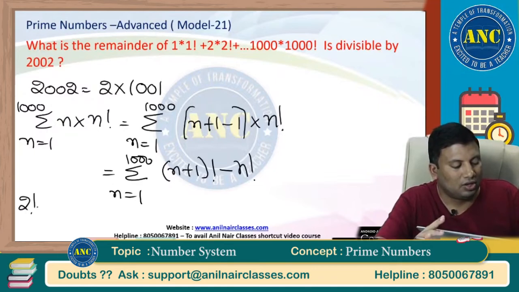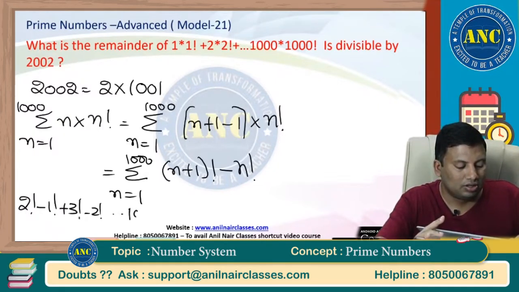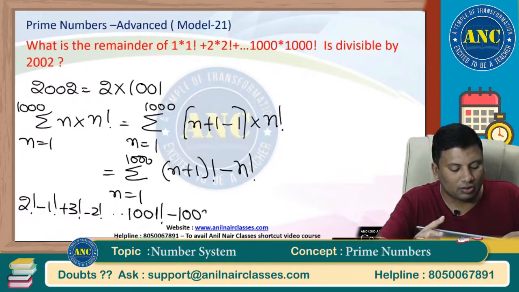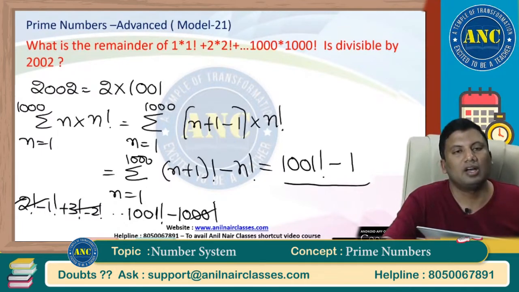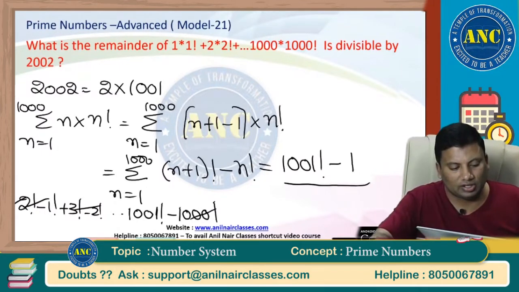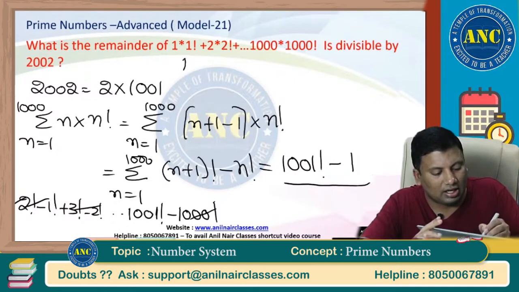That means 2 factorial minus 1, 3 factorial minus 2, up to 1001 factorial minus 1000 factorial. All are eliminated, and finally what remains is 1001 factorial minus 1.